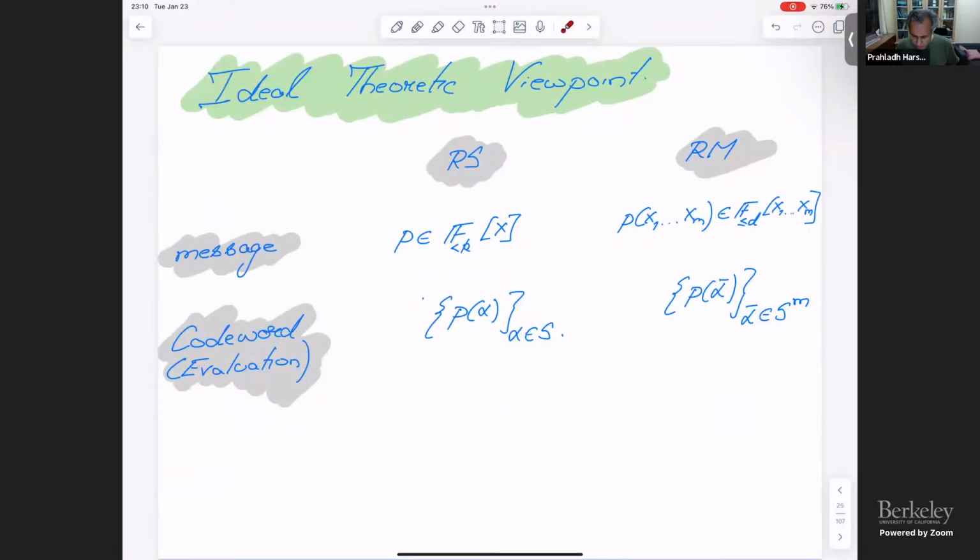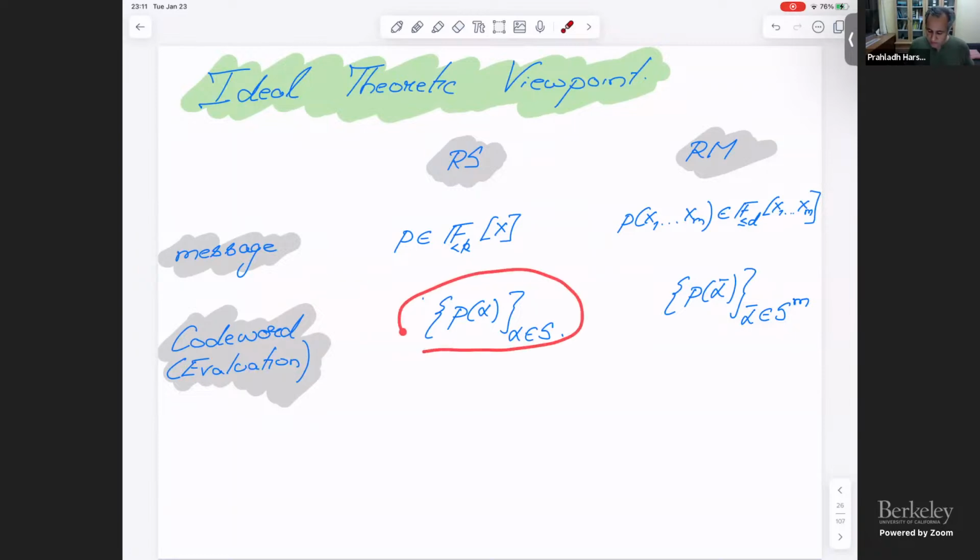What I'll do in this one is take a slightly different viewpoint, what I will call the ideal theoretic viewpoint of the Reed-Solomon code, the Reed-Muller code, as well as the folded Reed-Solomon code. So the usual interpretation is the messages are the polynomials. Either it's a univariate polynomial in the case of Reed-Solomon or a multivariate polynomial in the case of Reed-Muller.